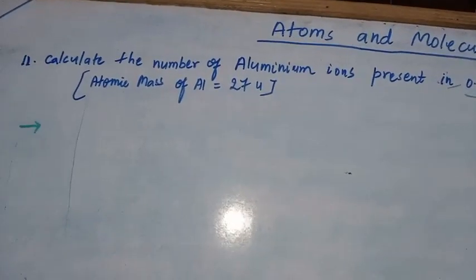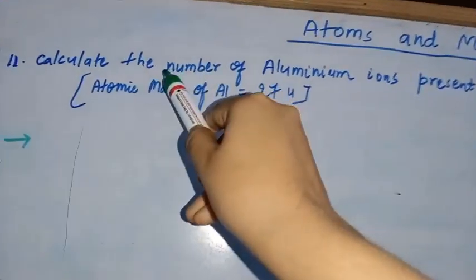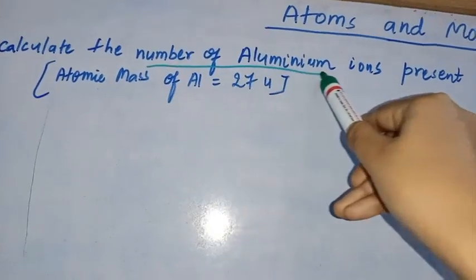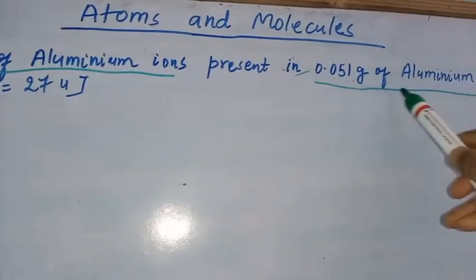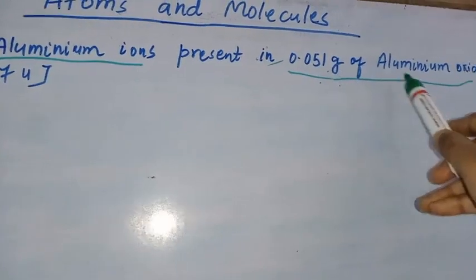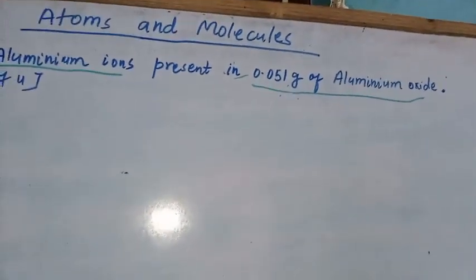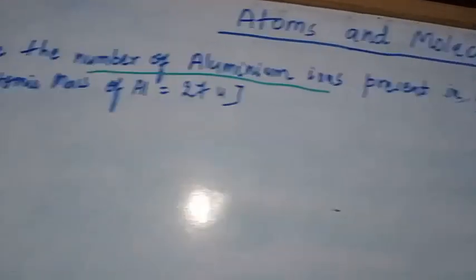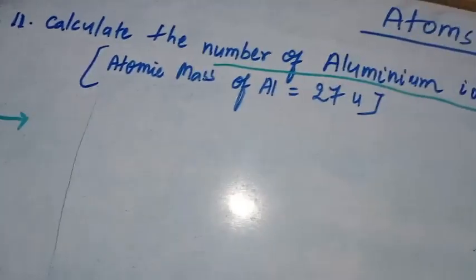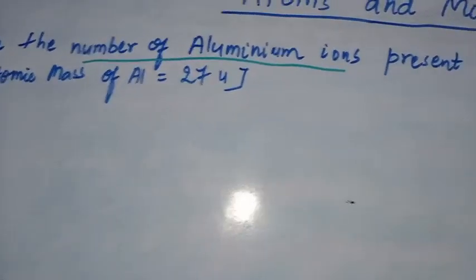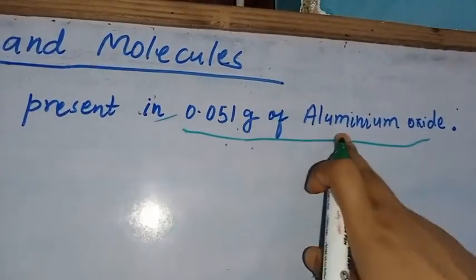So here we have to calculate the number of aluminium ions present in 0.051 gram of aluminium oxide. For that we should first know the chemical formula of aluminium oxide.